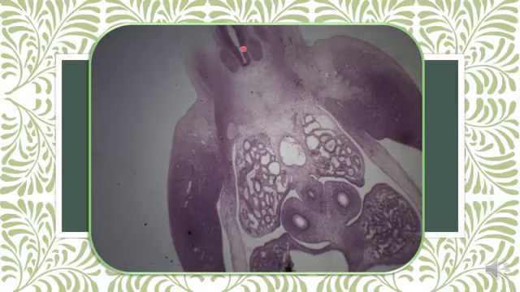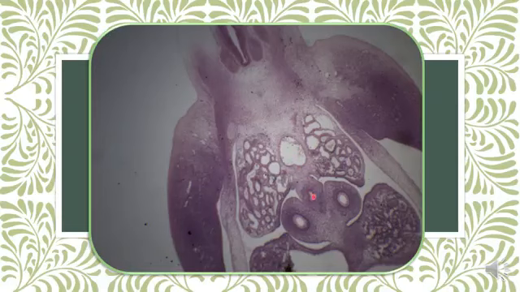Neural tube, ventral to it notochord, ventral to it single dorsal aorta, and this is the renal system formation. Ventral to the dorsal aorta, gut tube.